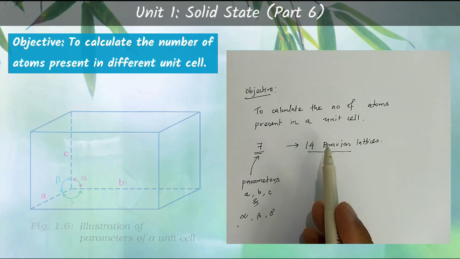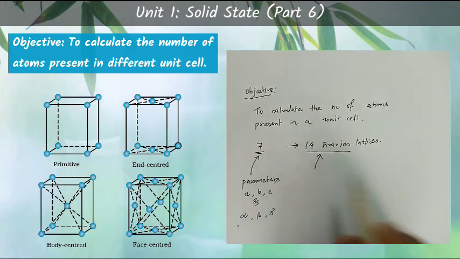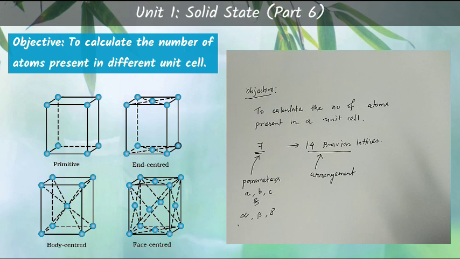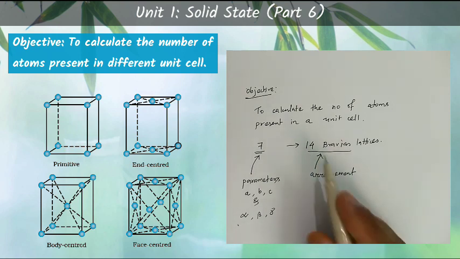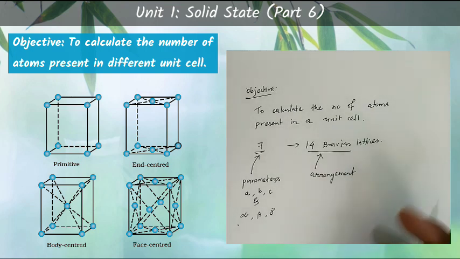And in the case of Bravais lattices, these are classified on the basis of the arrangement of the constituent particles. Basically there are a total of 4 types of different arrangements of the constituent particles observed in a crystal lattice or crystal structure, or you can say in a unit cell.